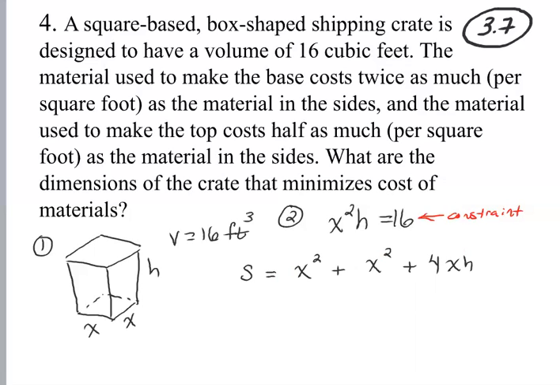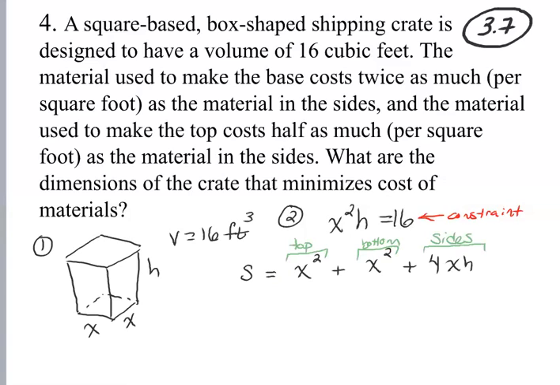I'm splitting it up like that because the material used for the top and the bottom are different. They cost different. So I'm going to write their surface areas as 2 different expressions. These are the sides. Okay, so that's total surface area.